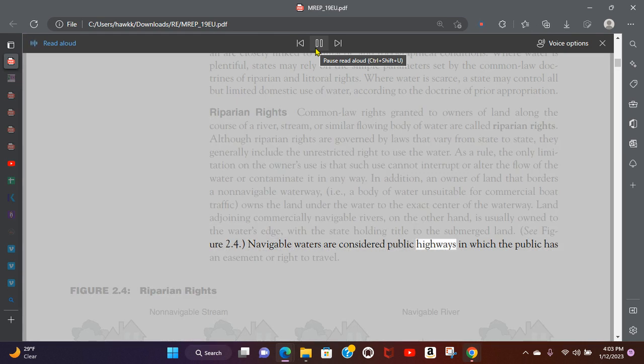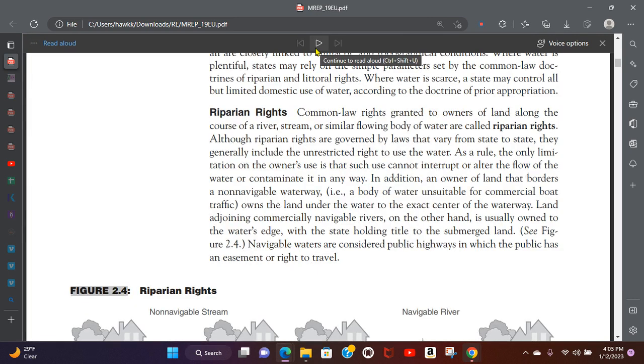Navigable waters are considered public highways in which the public has an easement or right to travel. See, because you was a private people, huh? So them navigable waters now are considered public highways in which the public has an easement or right to travel commercially.